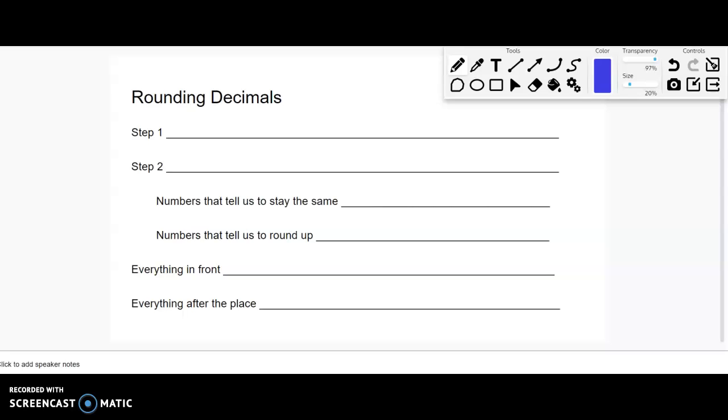All right, going to work on rounding decimals. And it's not much different than rounding whole numbers. We just have to make sure we're looking at the right place. So just like with whole numbers, our first step is to underline the place.